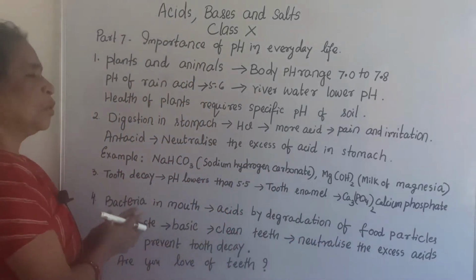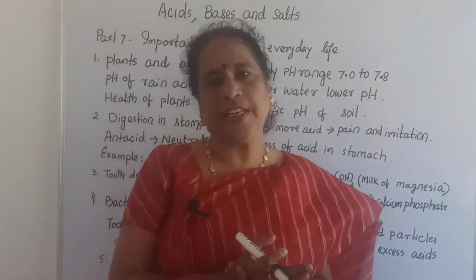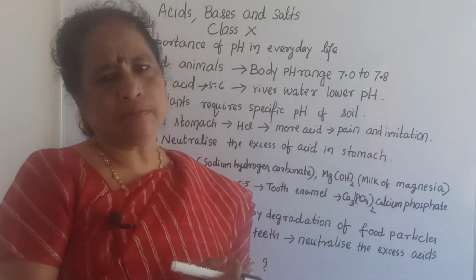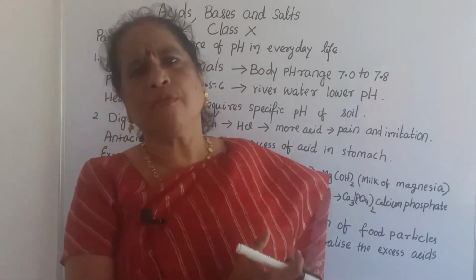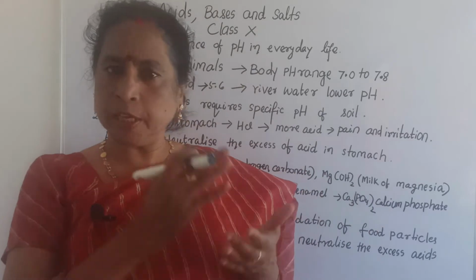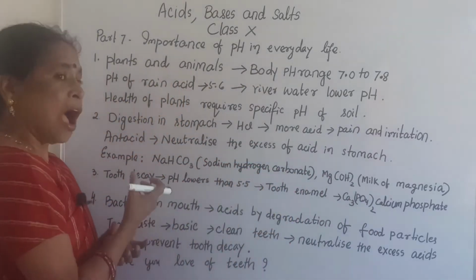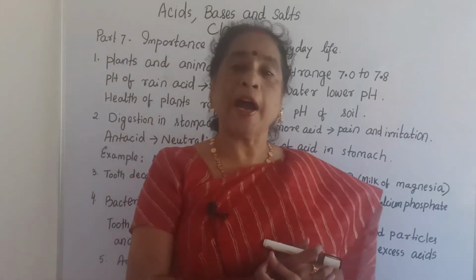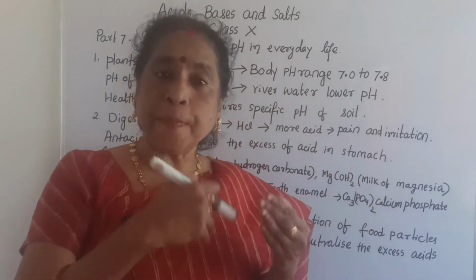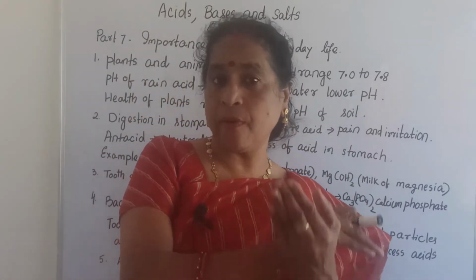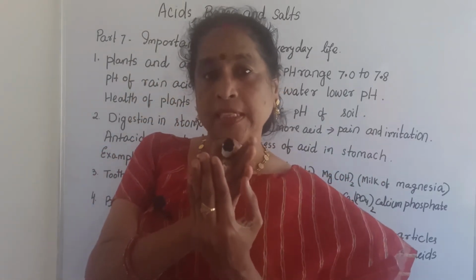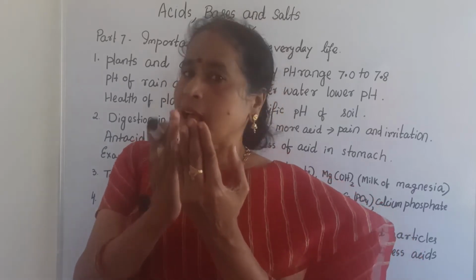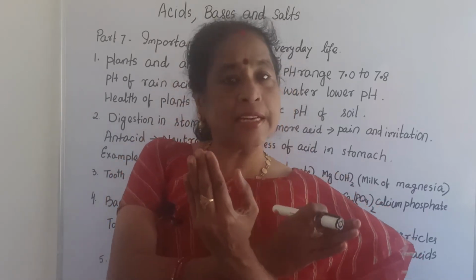Then next comes tooth decay, very important. Many people suffer from tooth decay. Then what is that? pH lower than 5.5. If pH is lower than 5.5, that means pH is less than 7, then acidic character increases.